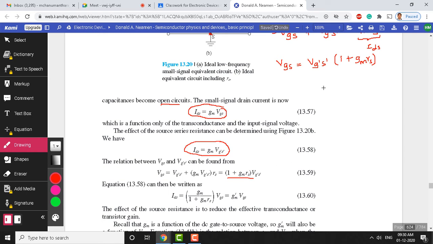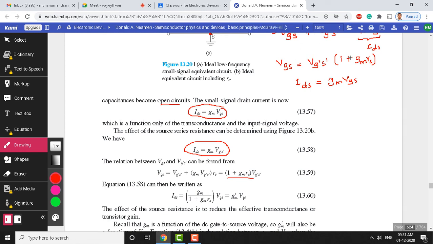So we know that IDS is equal to GM times VGS, and from this equation 13.58 you can substitute. This can be written as IDS equal to GM times, and from this you can find out what is V G dash S dash.